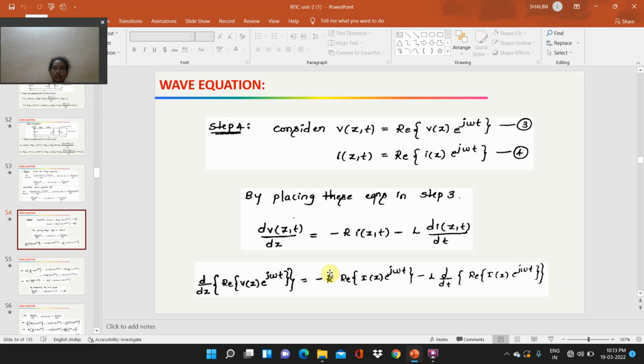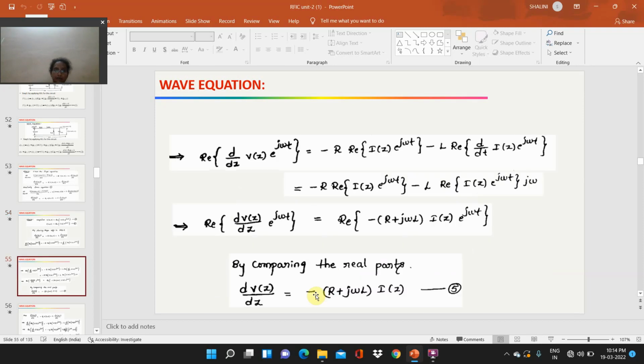By placing these equations in step 3, we get dV by dZ of Z comma T is equal to minus R I of Z comma T minus L di by dt of Z comma T. That is, d by dZ of Re of V of Z e power j omega t is equal to minus R Re of I of Z e power j omega t minus L d by dt of Re of I of Z e power j omega t.